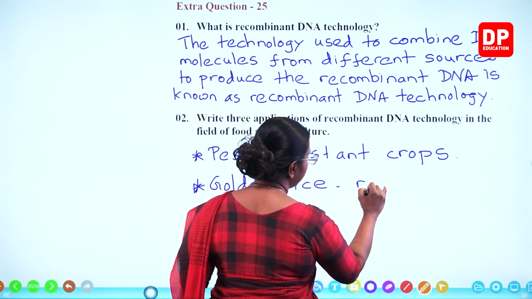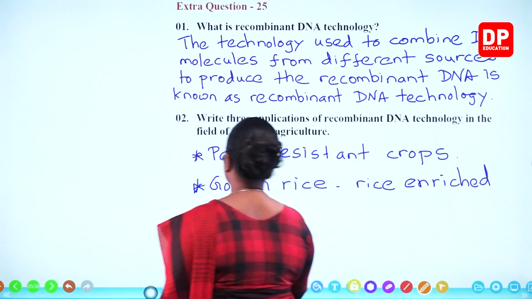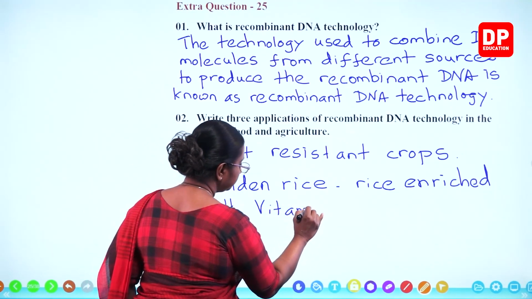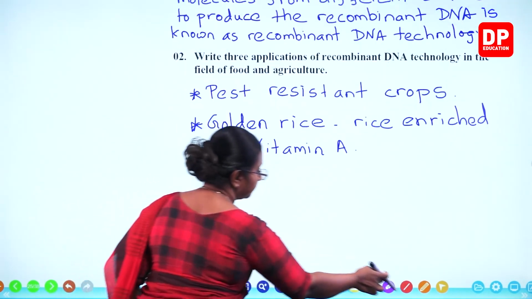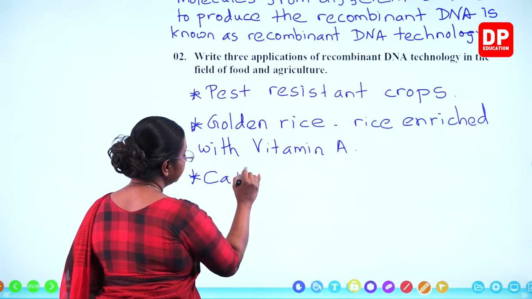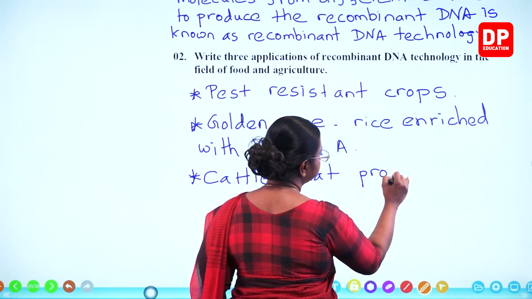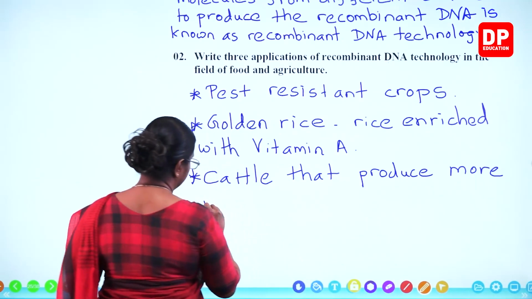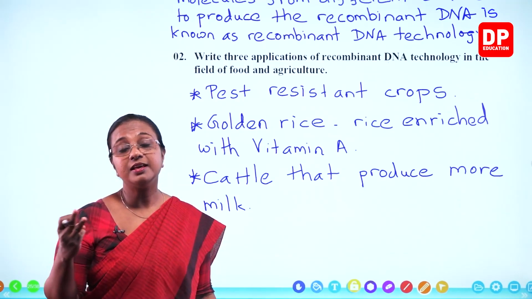That is rice enriched with vitamin A. Then we can have, since it says food and agriculture, cattle that produce more milk. Like this, you can write any 3 applications.